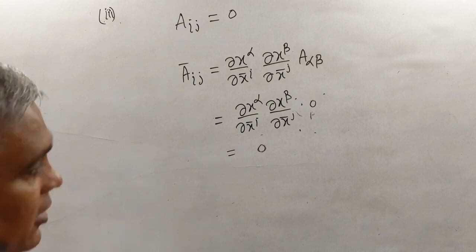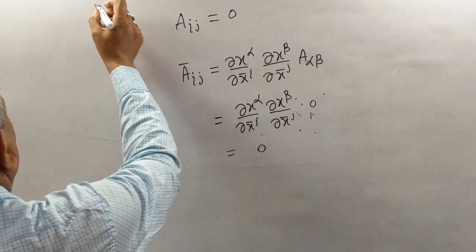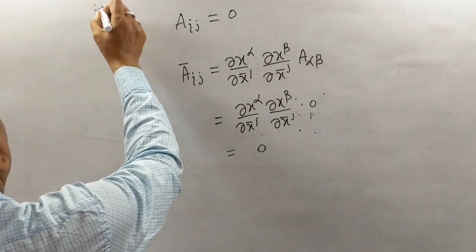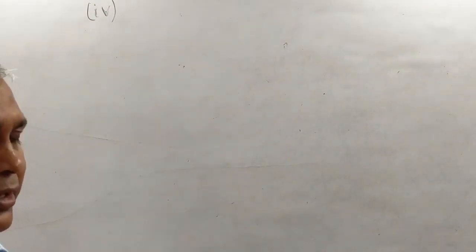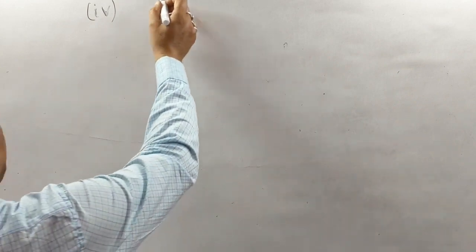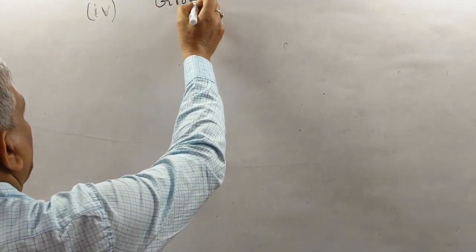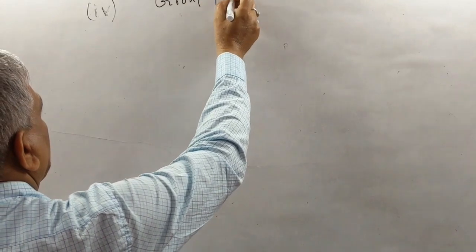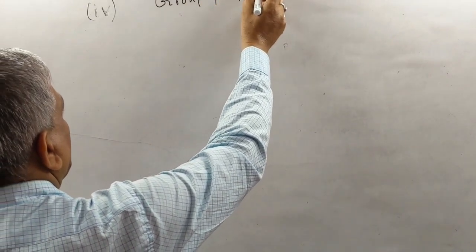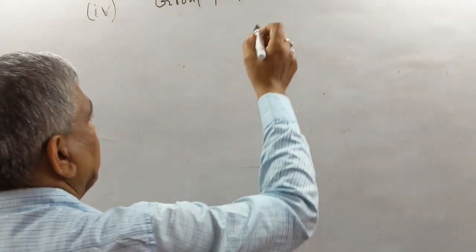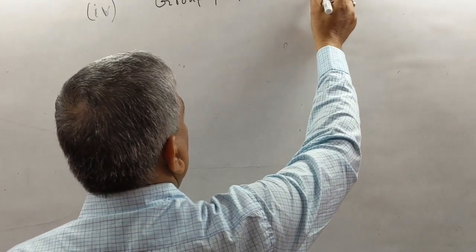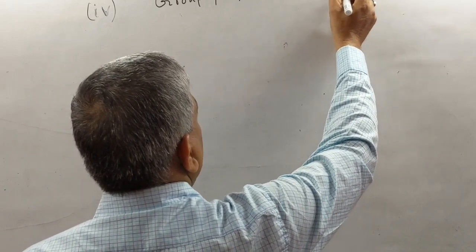Next property is number 4. The tensor obeys the group property, that means transitive property. Sometimes we say so-called group property. Its other name may be transitive property.